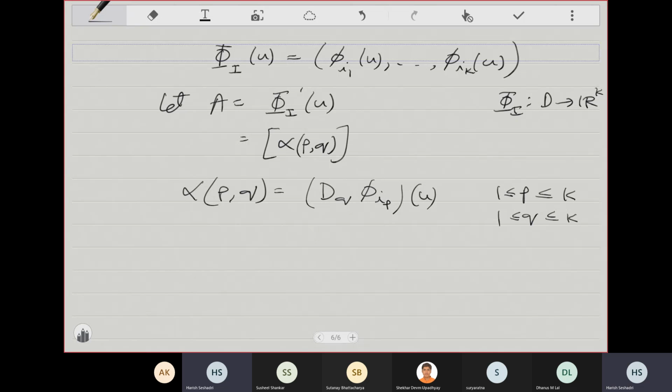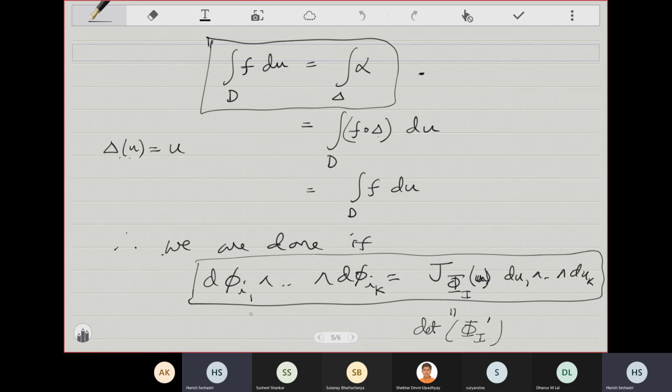So the point is, I want to start with this left-hand side here and then somehow end up with the determinant. It should be clear how one can proceed. After all, we have an expression for d phi I1, d phi I2, etc. as sums of other one forms.